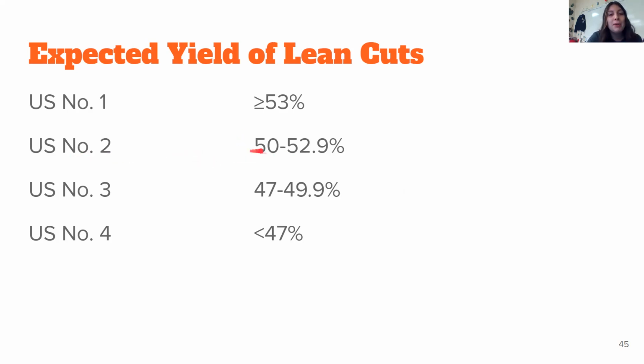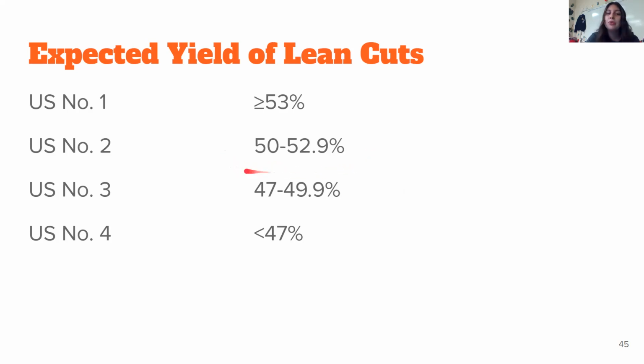To get a number 2, a pig has to have between 50 and 53% pretty much. You can tell that's about average, because a number 2 means average size pig or slightly above average, and then average muscling. So when they've got the pig all taken apart and ready to go, between 50 and 53% of what they have from that pig should be stuff that's going to make it to the grocery store.